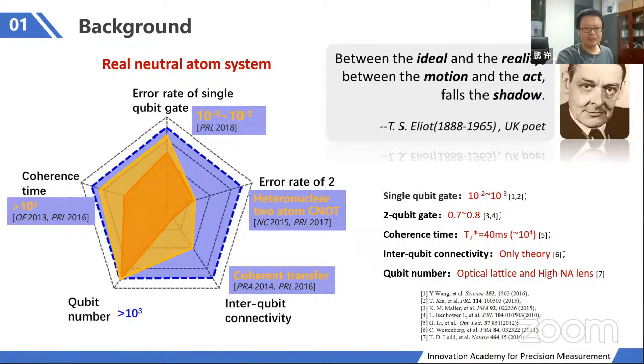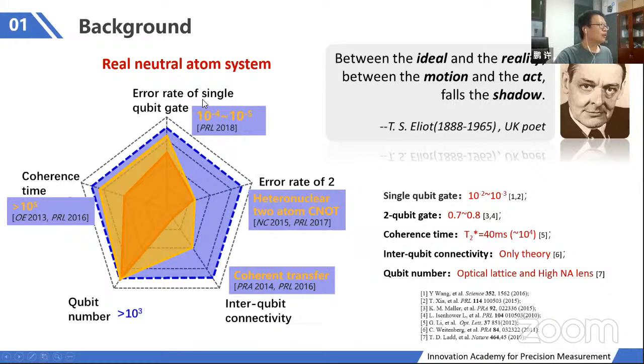And luckily, in the last 5 years, our group has made some progress on these platforms towards the ideal state. We have constructed the magic intensity trap to extend the coherence time to some 100 milliseconds, which is five orders of magnitude over the gate operation times.